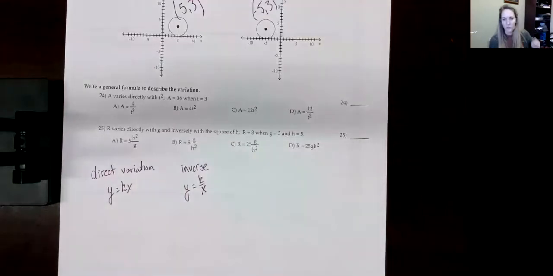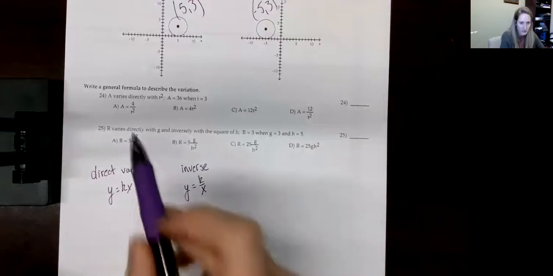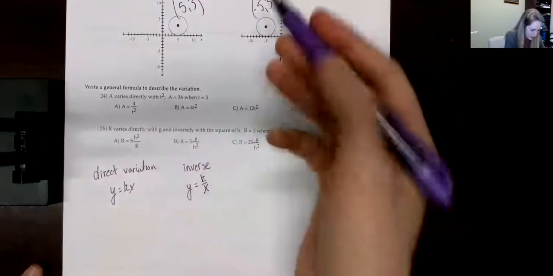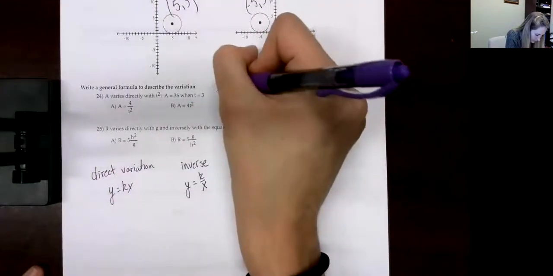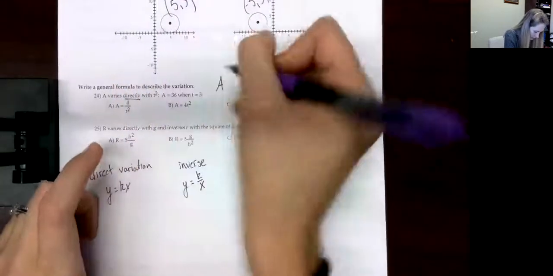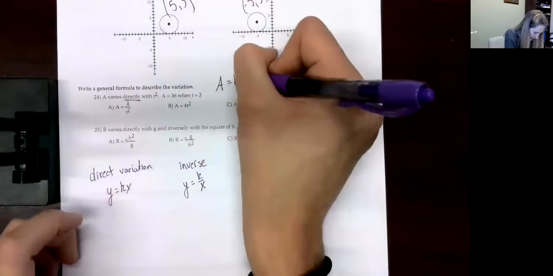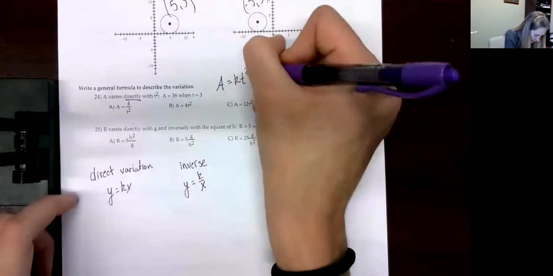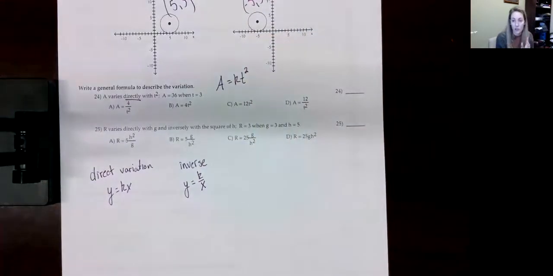And they'll give you your variables, but direct is multiplying, inverse is divide. So A varies directly with t squared would be direct. So we're going to have k times t squared. Now solve for k and substitute it back.